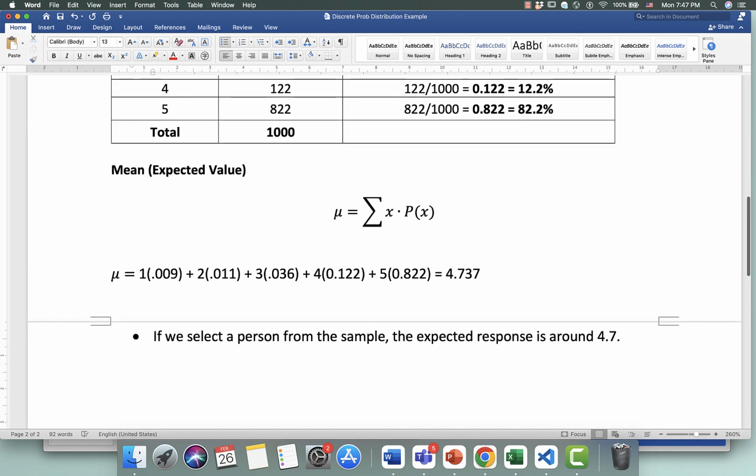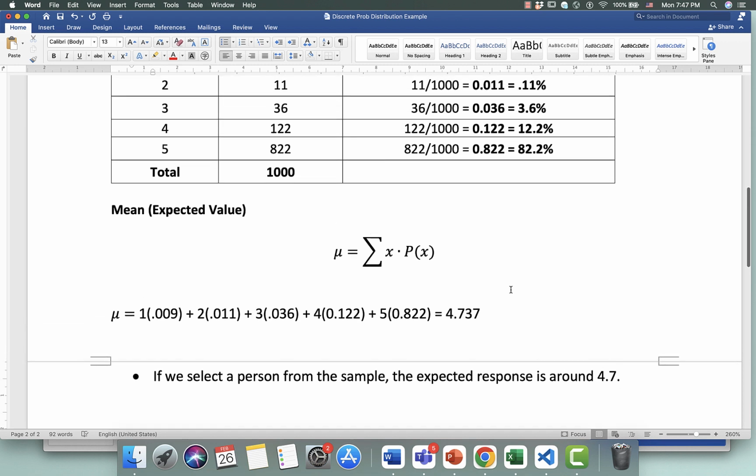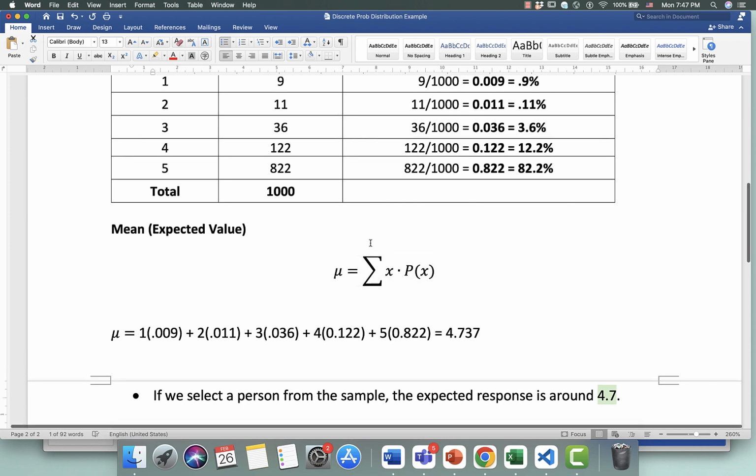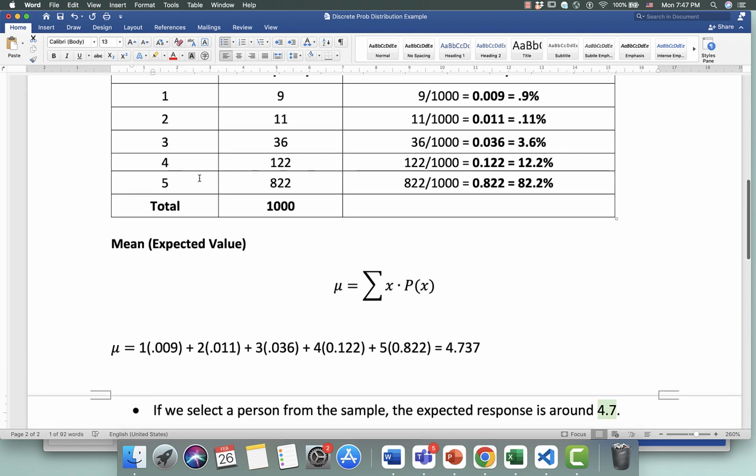Now, if we select a person, they would never respond 4.7 because 4.7 is not a possible response. They would either respond 1, 2, 3, 4, or 5 based on the scale. And 4.7 is closest to 5.